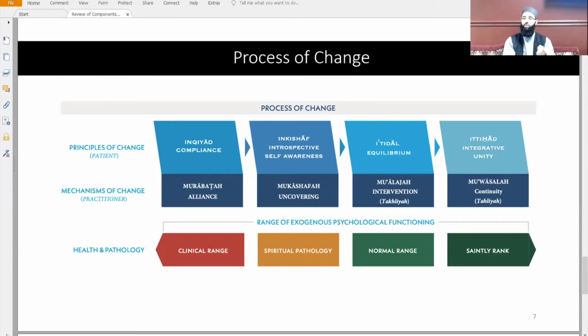Muqatala would be fighting from both sides, that both people are engaged in the process. So the murabata is that both people are engaged in building this relationship, but we're thinking of the catalyst, and the person engendering that process is going to be the practitioner that is trying to build that relationship.